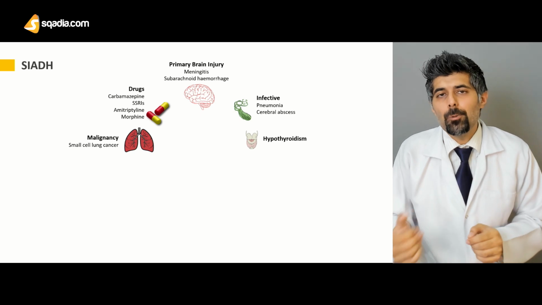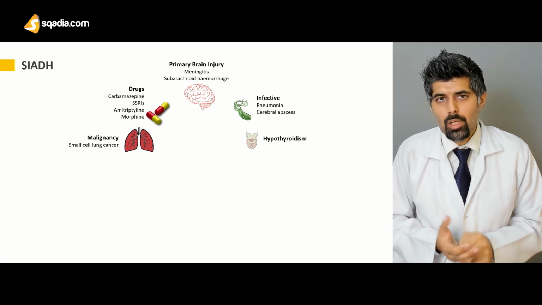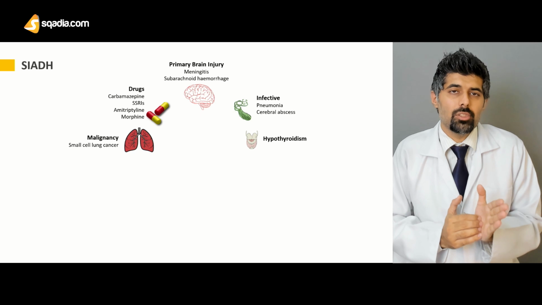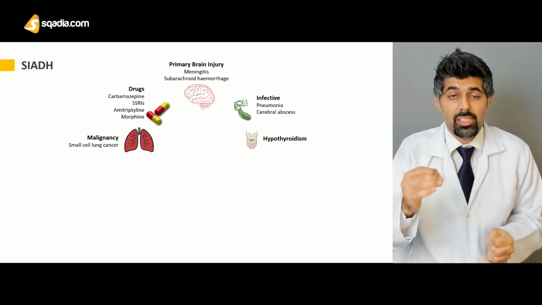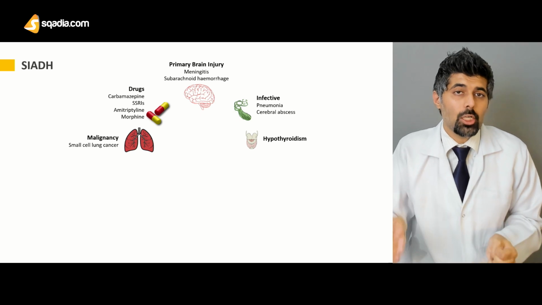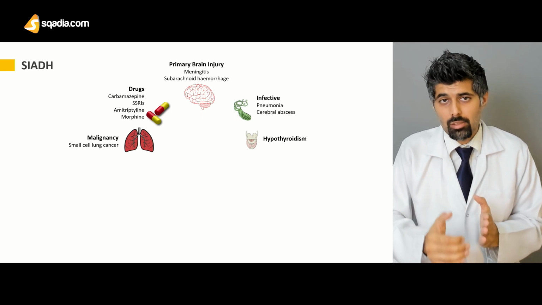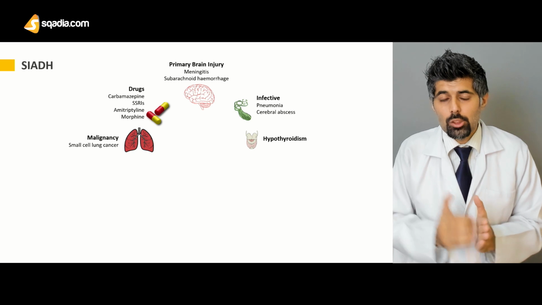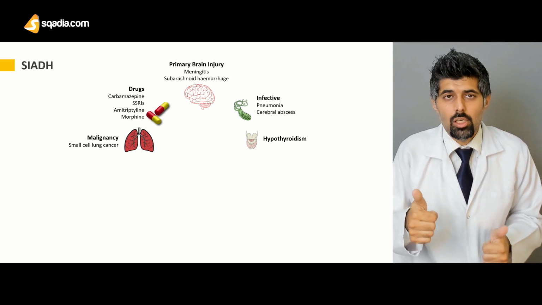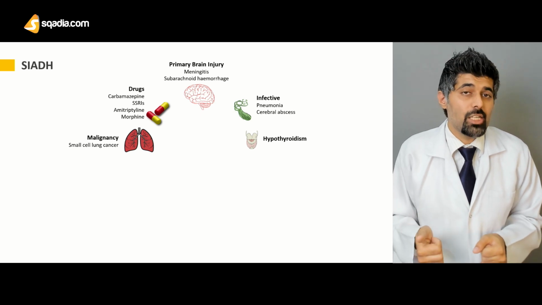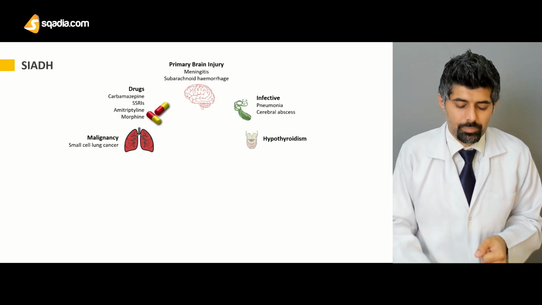Lastly, it can be due to hypothyroidism. Now, whenever there is hypothyroidism, there is increased TSH, or thyroid stimulating hormone, trying to prevent the hypothyroidism. So whenever we have increased TSH, we have increased ADH circulating in the blood.